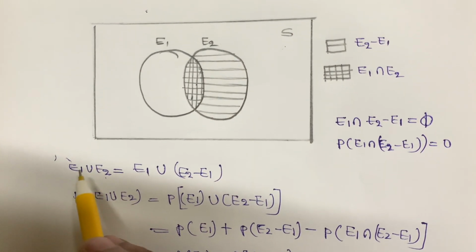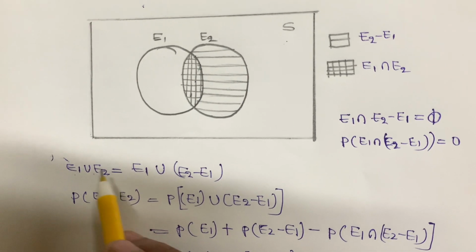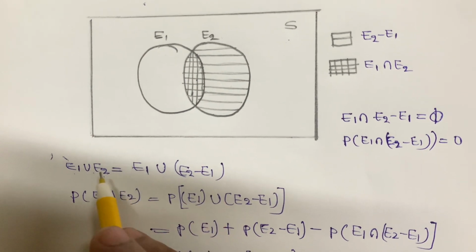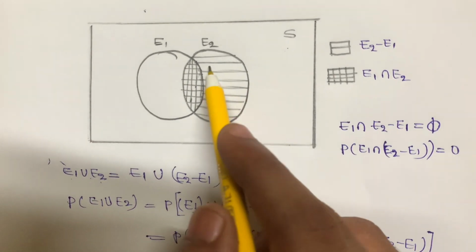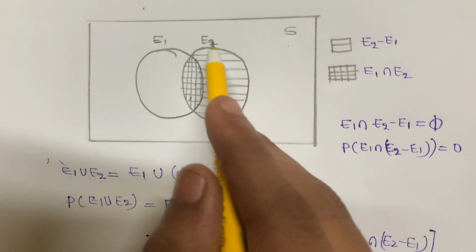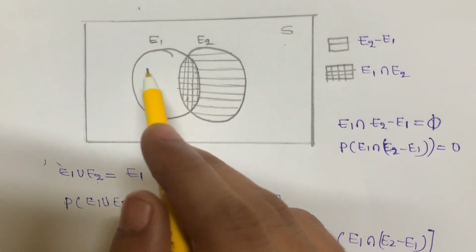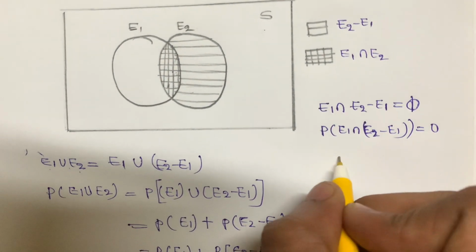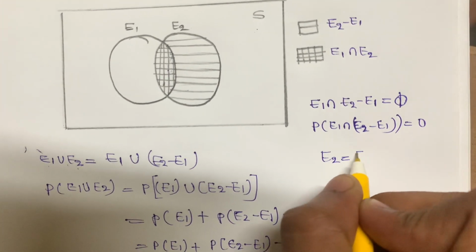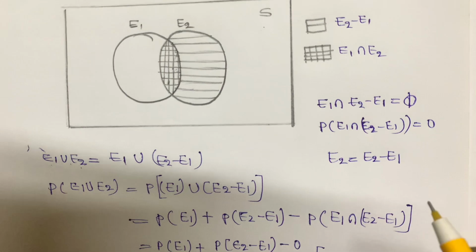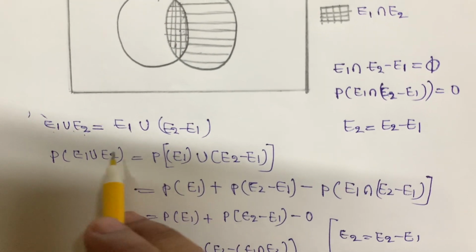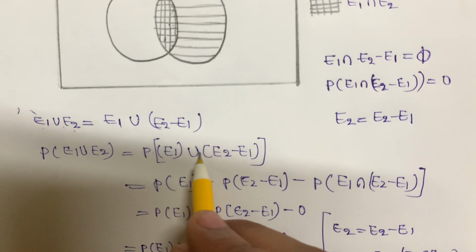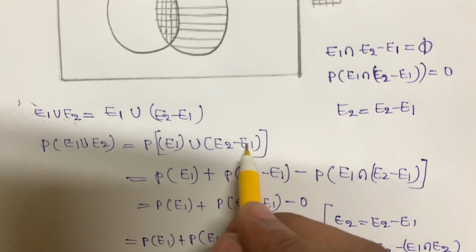Now E1 union E2 equal to E1 union (E2 minus E1), which means E2 can be written as event 2 minus event 1, which will give the value of event 2, like E2 equal to E2 minus E1. Now applying probability on both sides, which gives probability of E1 union (E2 minus E1).